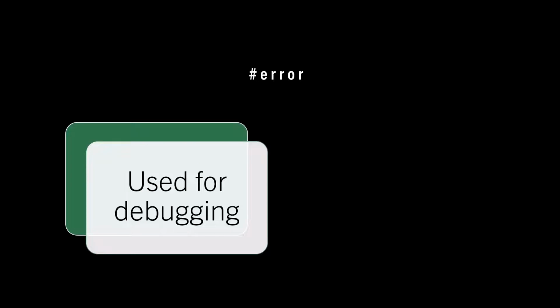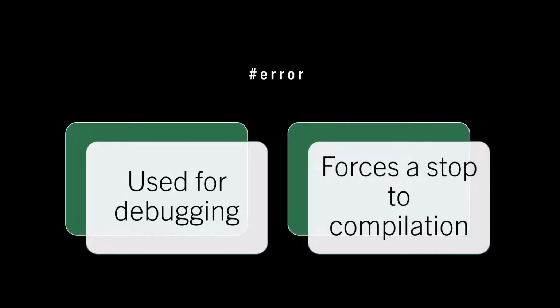#error is used for debugging, forces a stop to compilation. Very important, because #warning does not. So with #warning, you could just put in a message to the user. So let's say, for example, the user has included a library that is obsolete. You can use a #warning to indicate to the user as such, and include the name of the library that the user should actually include.